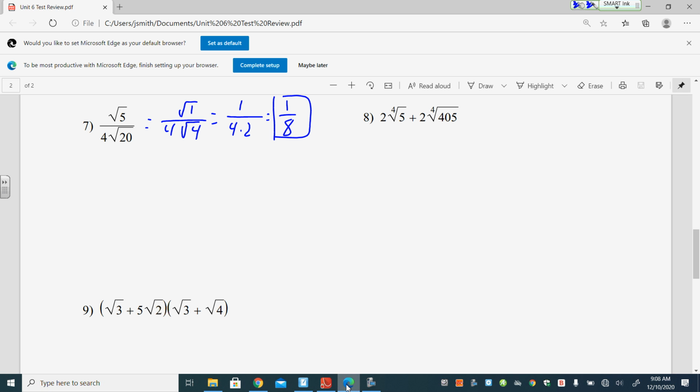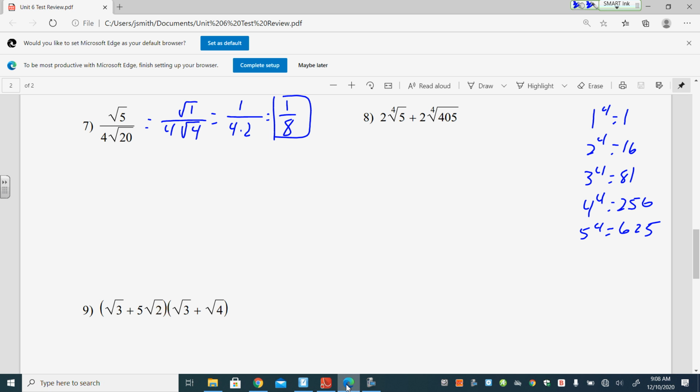And do the same thing over here. I can't quite add these, so I need to make them look the same. Now, we don't know much about the fourth roots, except for the fact that we know our 1 to the fourth is 1, 2 to the fourth is 16, 3 to the fourth is 81, 4 to the fourth was 256, and 5 to the fourth was 625.